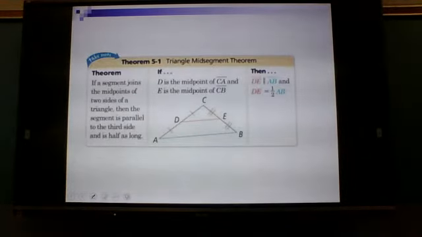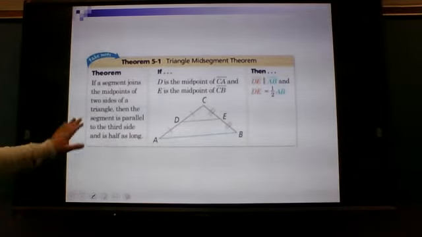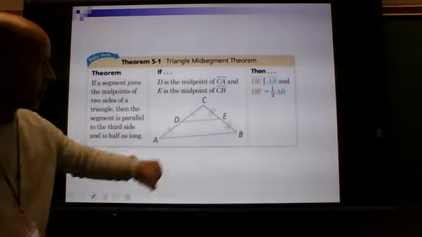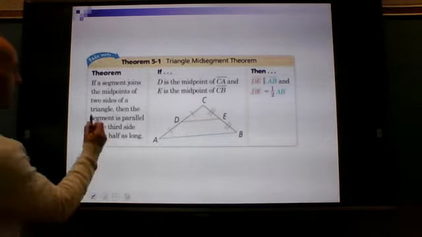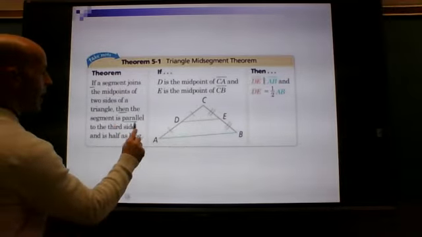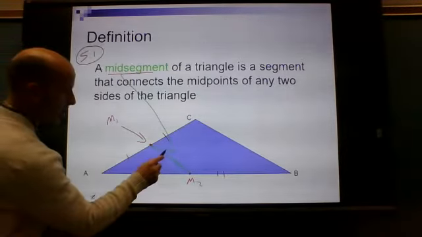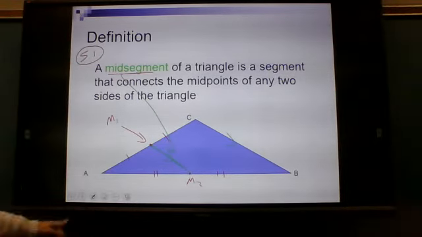So here's our theorem, Theorem 5.1. Theorem 5.1 says that if a segment joins the midpoints of two sides of a triangle, that's a mid-segment, then there are two conclusions. If it's a mid-segment, then it's parallel. Let me show you the symbol we use for parallel. We would say that this side is parallel to that side.